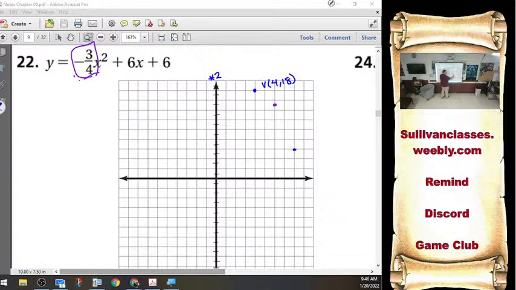Over 6 down 36 times 3/4, 27. Yep. So over 6 down 27. 2, 4, 6, 8, 10, 12, 14, 16, 18, 20, 22, 24, 26, 27.